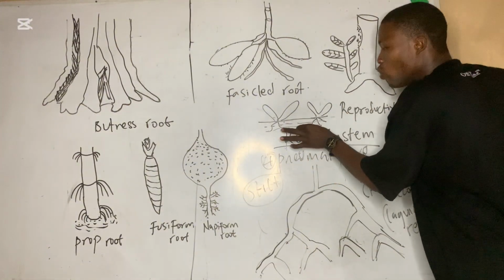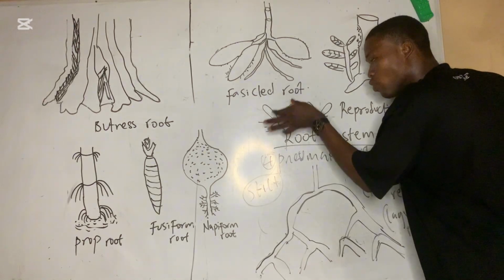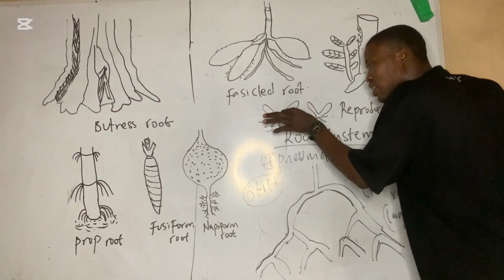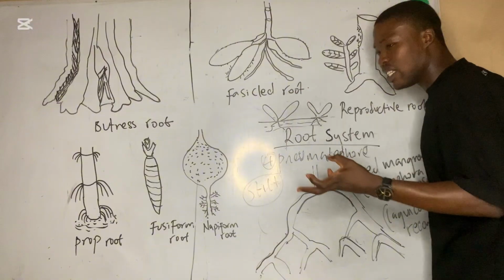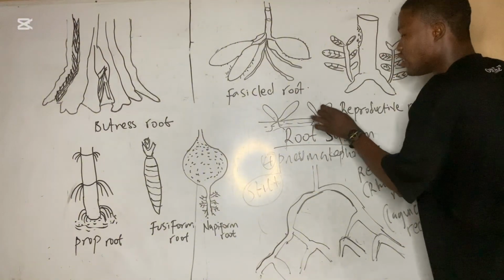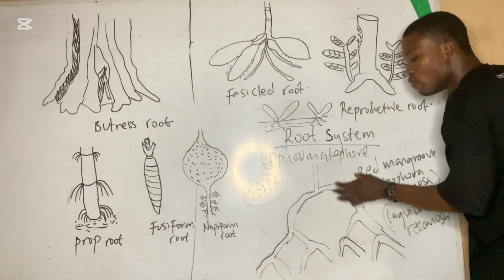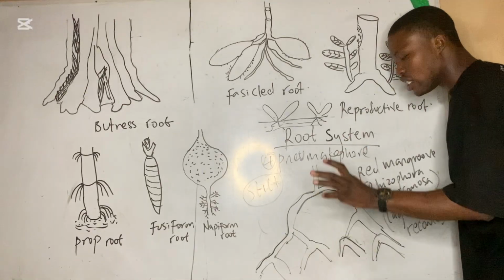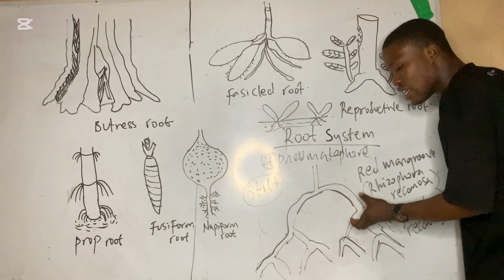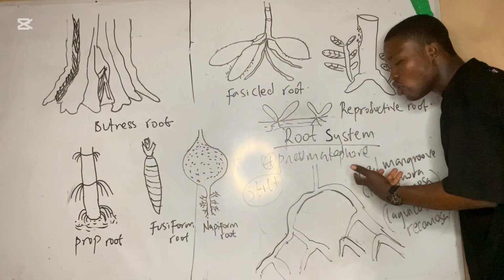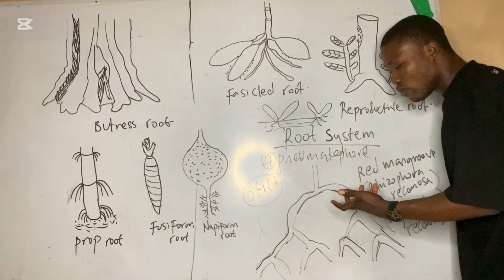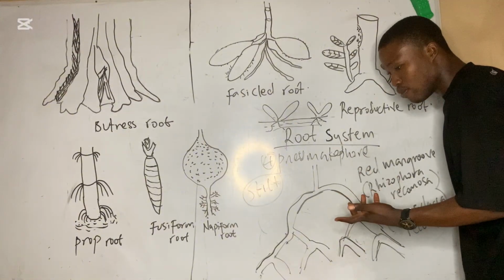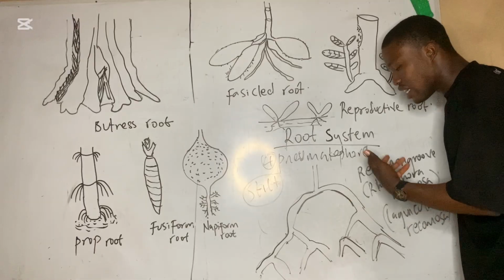Now it is growing on water, so it takes mineral salt and water to carry out photosynthesis and produce food. That is the function. But pneumatophore roots do beyond collecting minerals. They obtain oxygen, the gases, also for the plant.